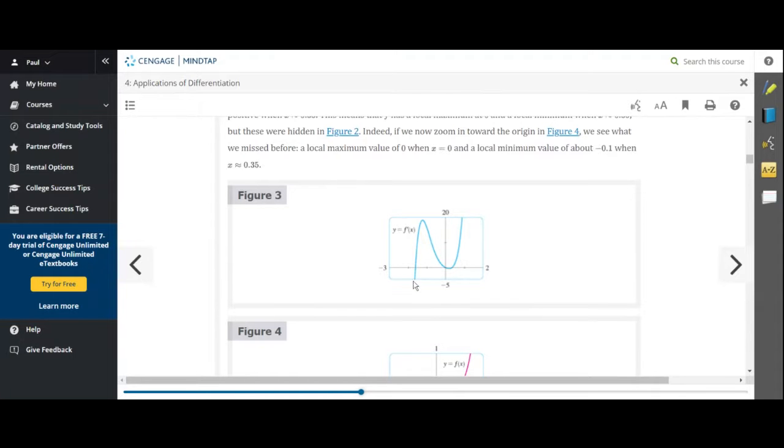Like, for instance, in the picture, the first derivative goes from negative to positive when x is about equal to negative 1.62. They tell you that in the reading, in the paragraph.